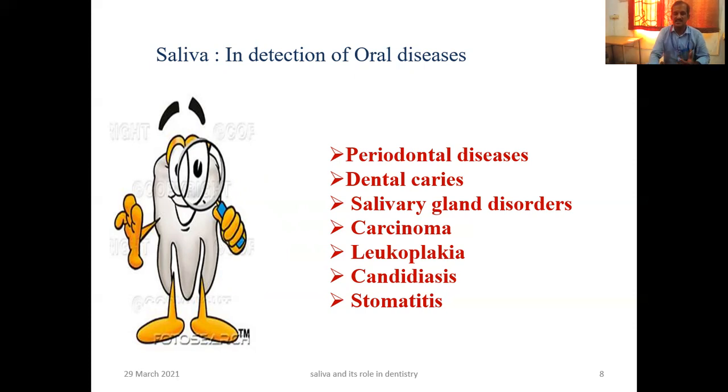The salivary gland disorders, carcinomas, any tumor, leukoplakia, or any fungal infections, candidiasis, and the inflammation of your oral cavity, stomatitis. In all these clinical conditions, your saliva gives a very good clue.